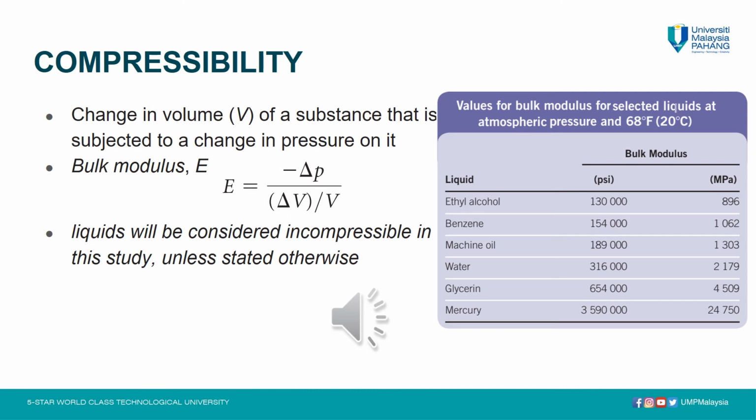For this reason, liquids will be considered incompressible in this study, unless stated otherwise. The term bulk modulus is not usually applied to gases, and the principles of thermodynamics must be applied to determine the change in volume of a gas with a change in pressure.